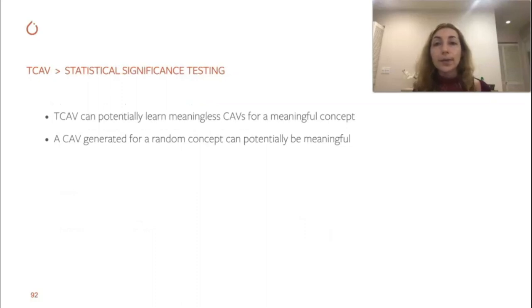It is important to mention that TCAV can potentially learn meaningless CAVs for meaningful concepts, depending on the biases in our concept dataset or the linear model that learns the CAVs. Also, it can happen that a CAV generated by the random or neutral concept can be meaningful depending on the neutral concept dataset definition.